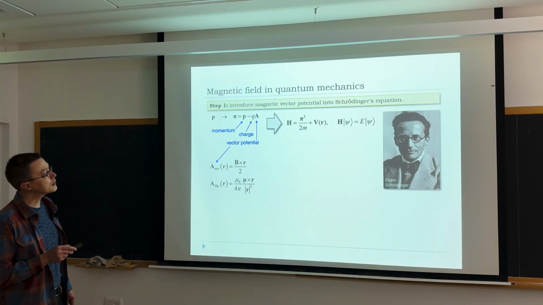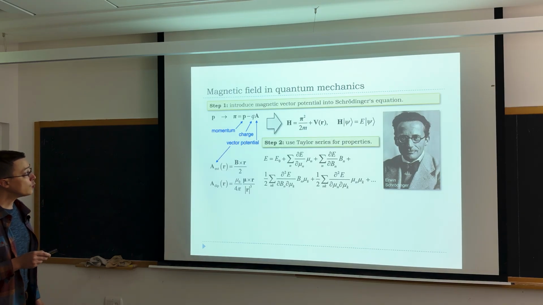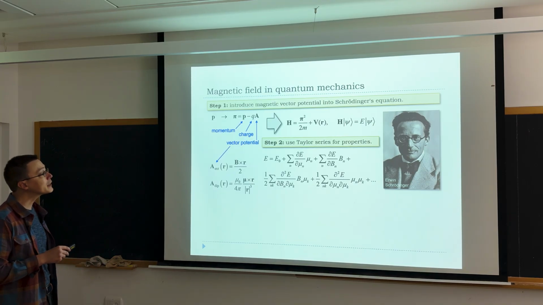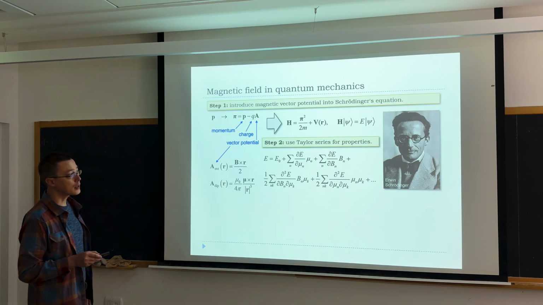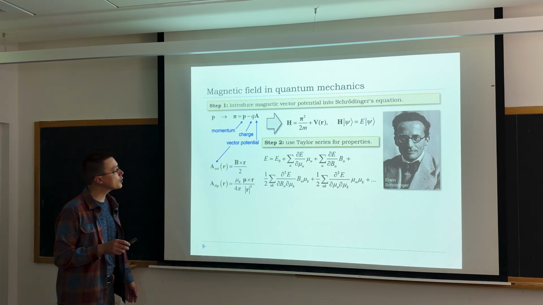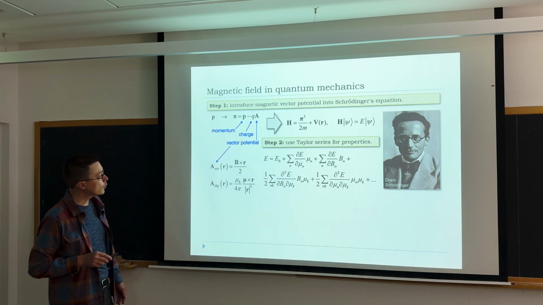We calculate the energies of the ground and the excited states, and then we take an expansion of that energy in the parameters we are dealing with. And remember, magnetic interactions are really weak, so this Taylor series actually converges pretty much at the second order. So we've got the terms here, just the magnetic moments. We've got the terms here, just the magnetic field. We've got the terms which have interactions of the magnetic field with magnetic moments.